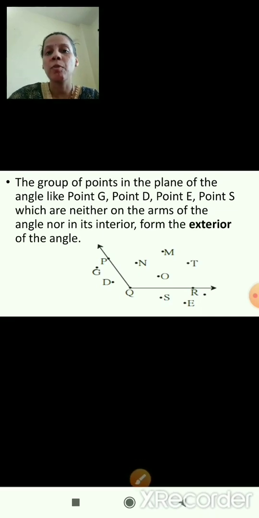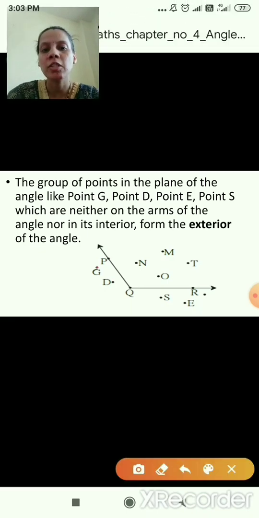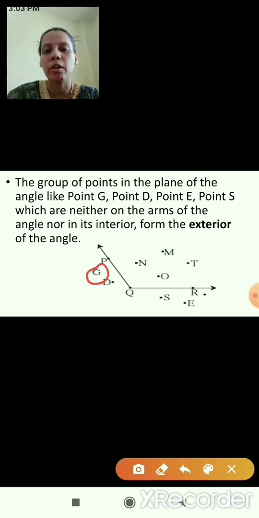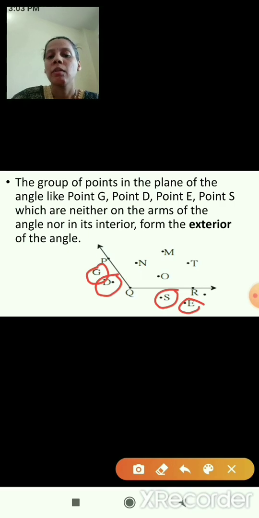The group of points in the plane of the angle like point G, point D, point E and point S are neither on the arms of the angle nor in its interior, so they form the exterior of the angle.